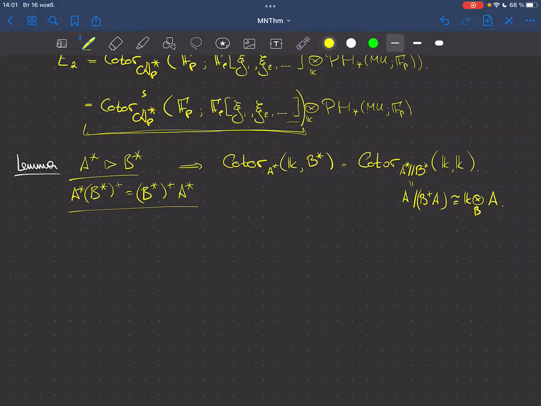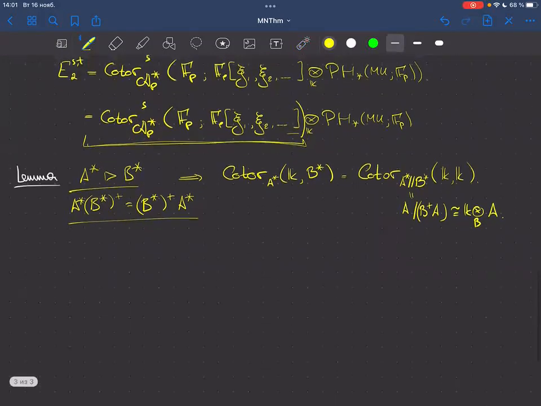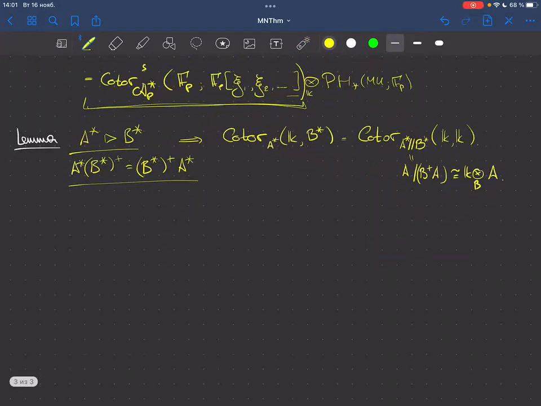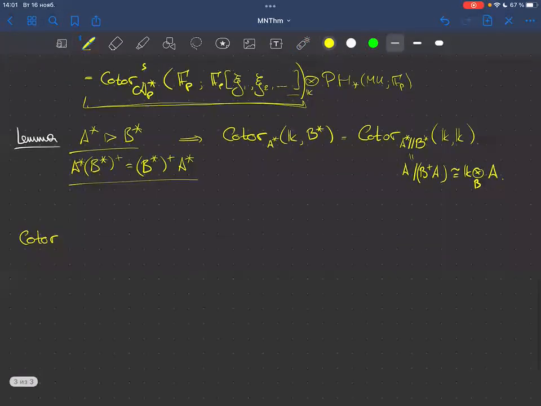So what is the quotient here? Now I want to describe Kotor over A_P.